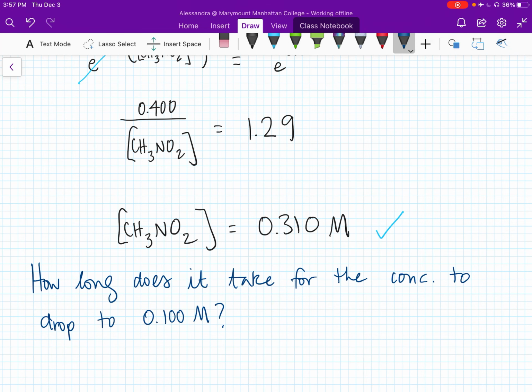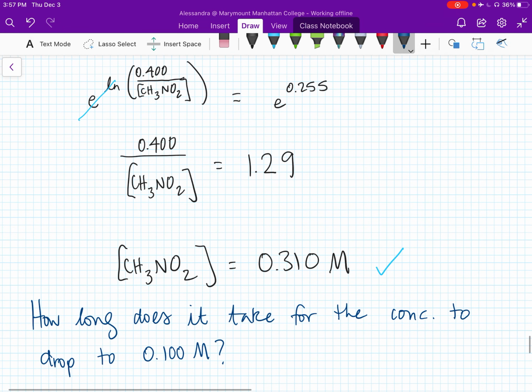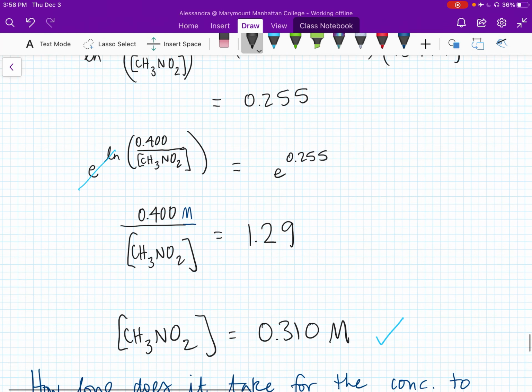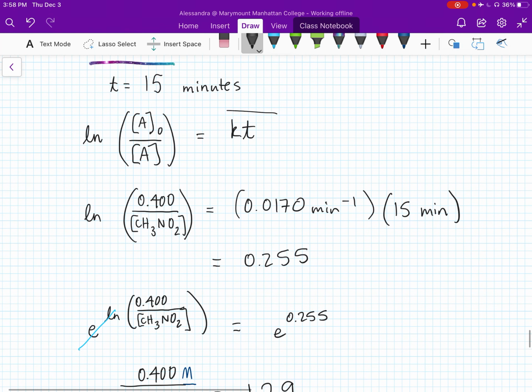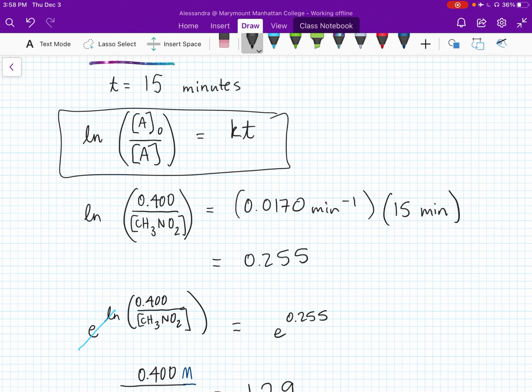All right, so we know that after 15 minutes, it drops from 0.400 molar to 0.310 molar. So now how long does it take to drop to 0.1 molar? Well, there we can take the same integrated rate law that we used here and plug in the initial concentration and plug in the final concentration and then solve for t.